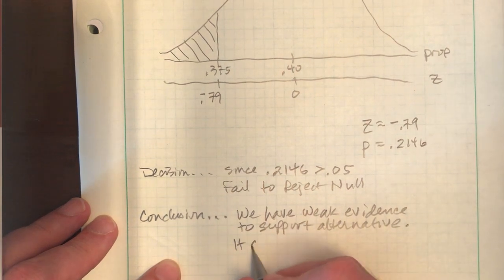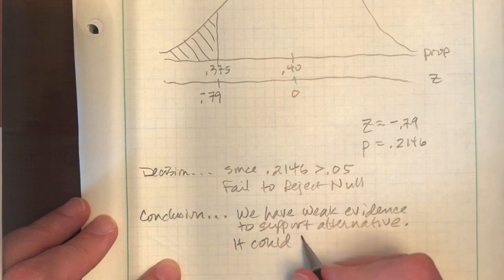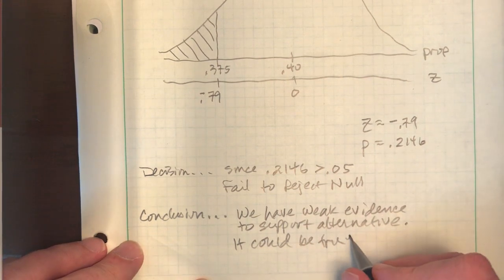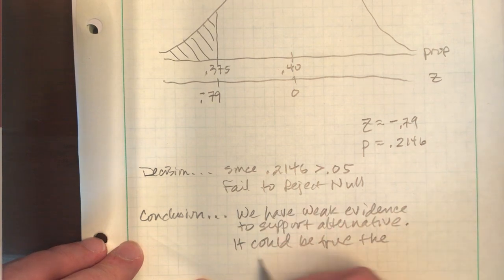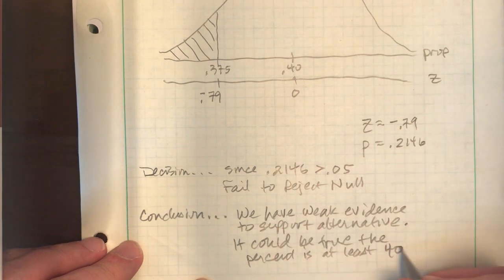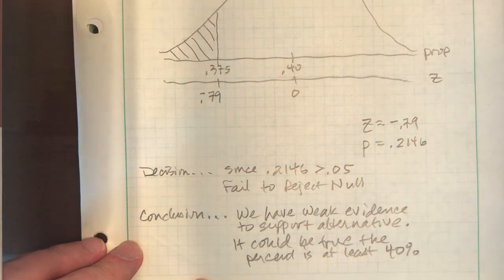That means it could be true. The percent is at least 40, which is just restating the null hypothesis.